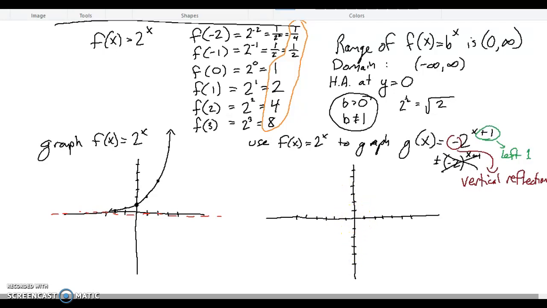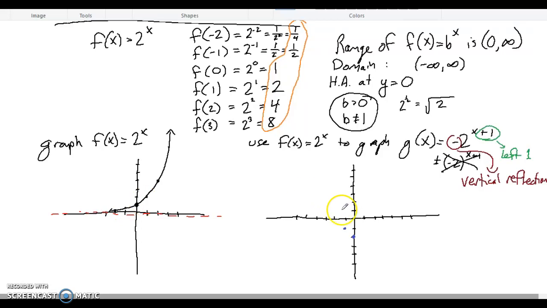And let's use a different color this time. So we started with a point at 0, 1. Reflection over the x-axis puts it right down here. Left 1 would put it there. We had the point 1, 2. Reflect over the x-axis puts it here. Left 1 puts it here.